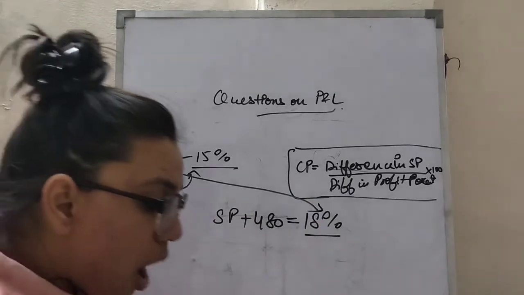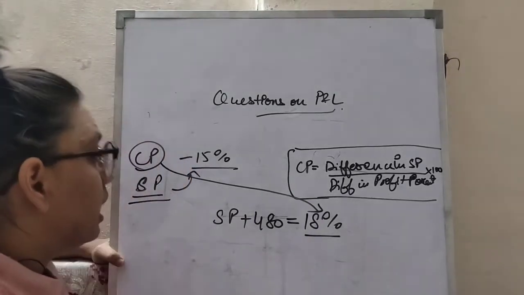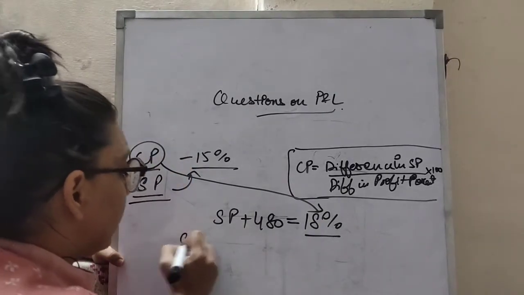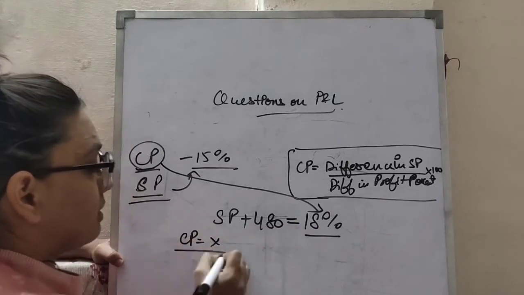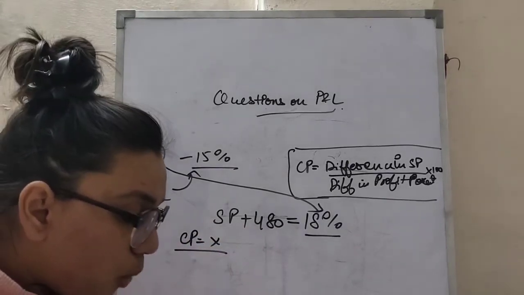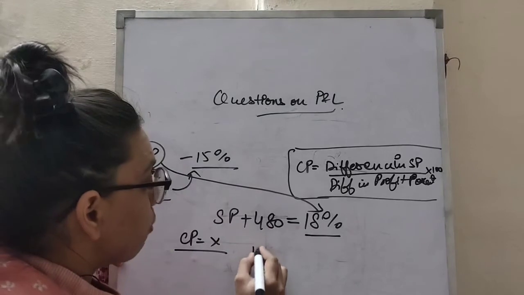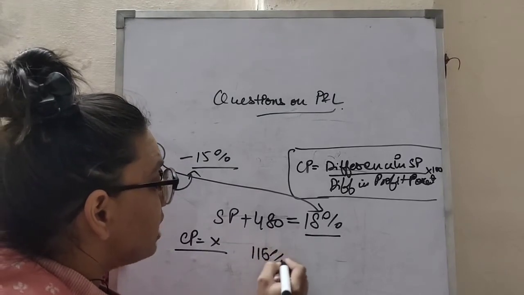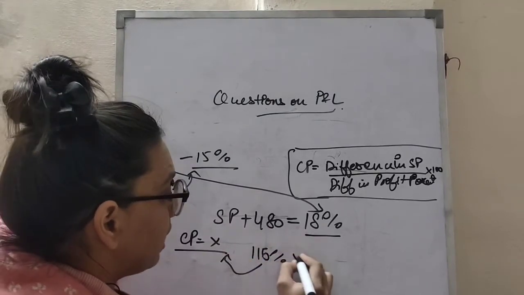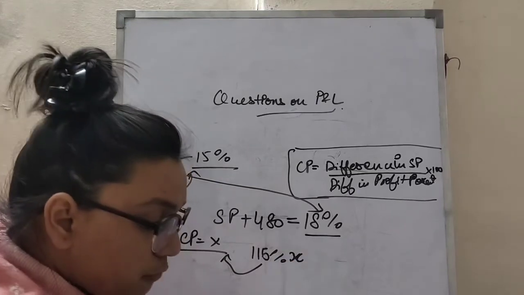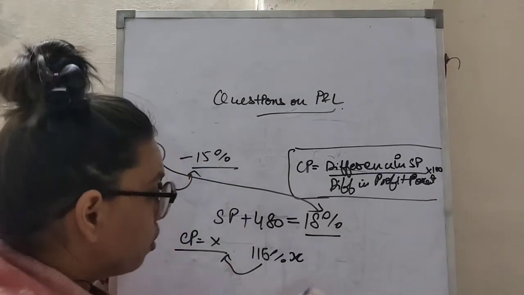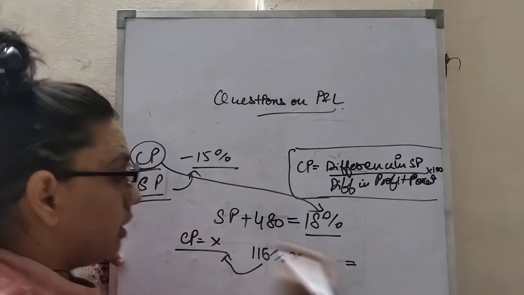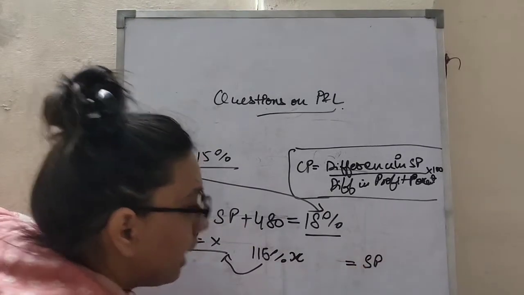Now how will we calculate it? First of all, we will let CP equal X here, and then we will take 115% of this CP, that is X, which will be equal to SP.